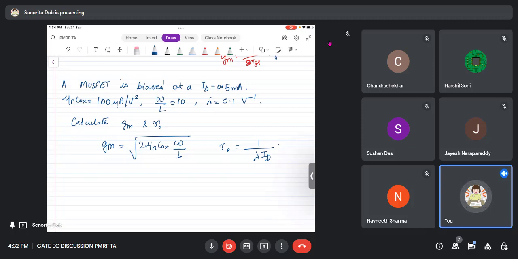Has anybody solved? So this can be a 1 mark question, numerical answer type they can give. Okay.